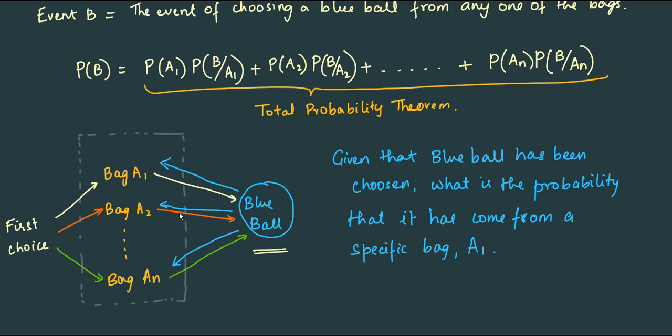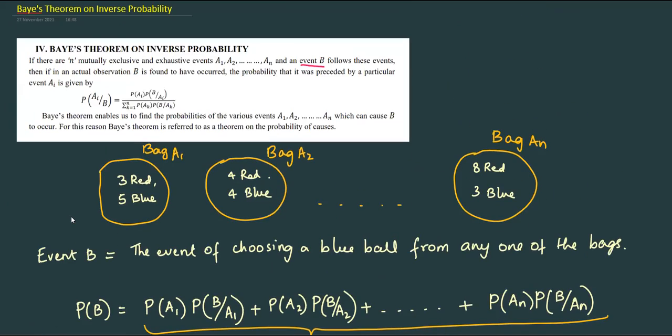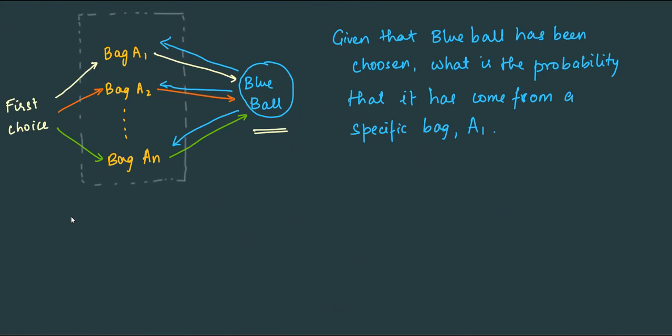So a blue ball has been chosen. What is the probability that it has come from a specific bag A1? That is the reverse probability. So it is like this: a specific bag AI, where I can be anything.